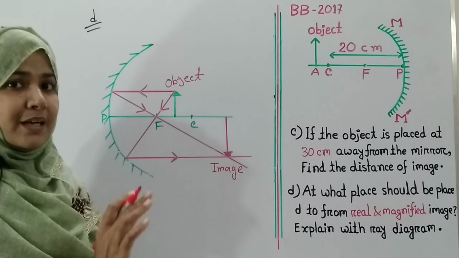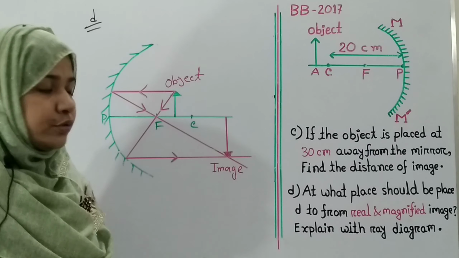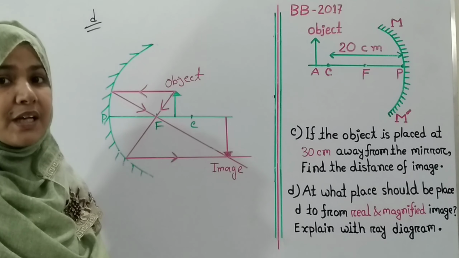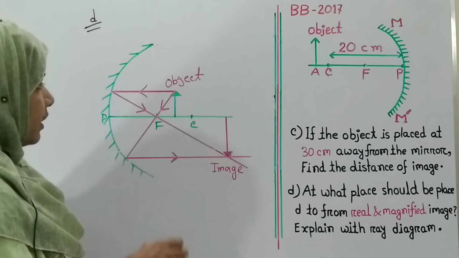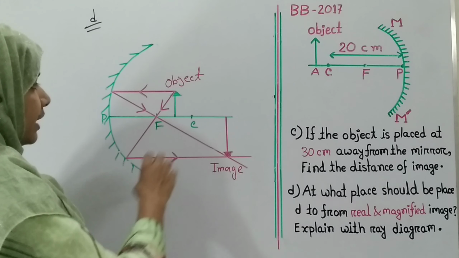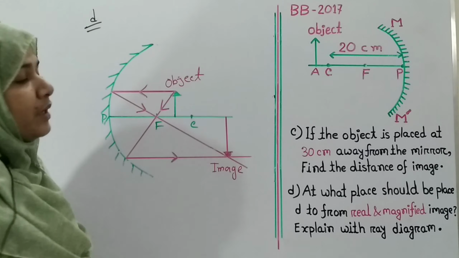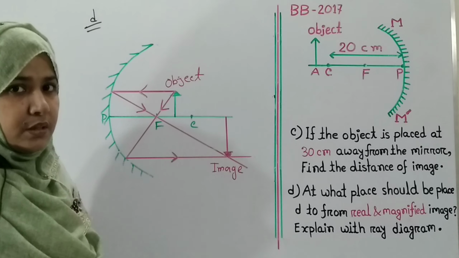That means the nature of the image is real, and also we can say that it's a real image because the image is formed in front of the mirror, and you also can see that the size of the image is greater than the size of the object. That means here a magnified image is formed.